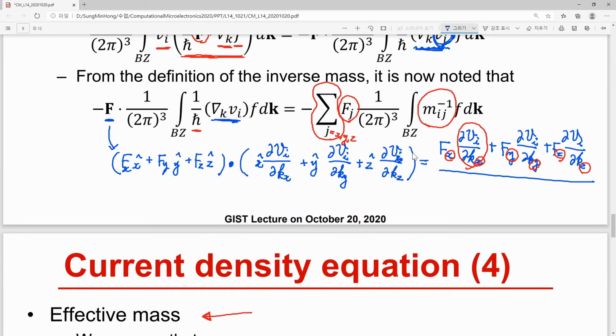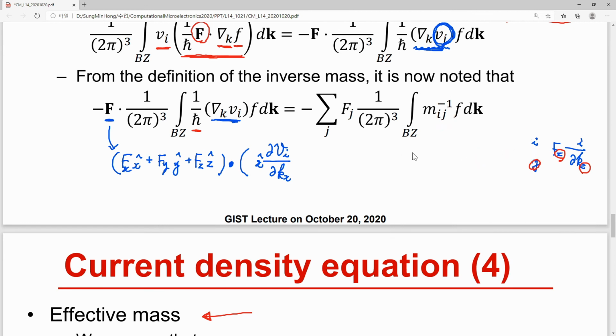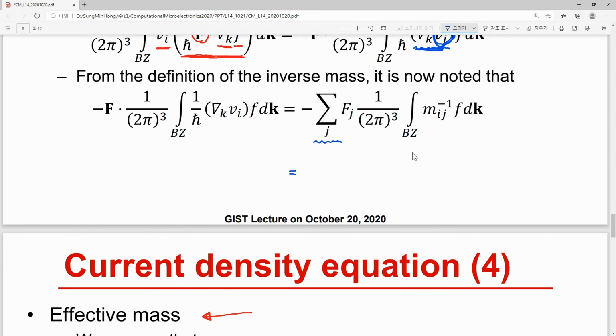Here we have a summation over j, but now from the assumption of an isotropic and diagonal band structure, we can understand that although we have a summation over j, the only term which does not vanish is when j equals i.